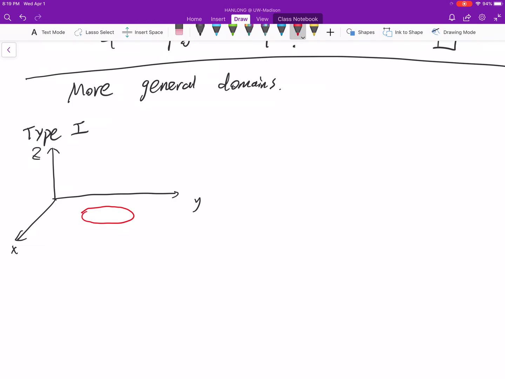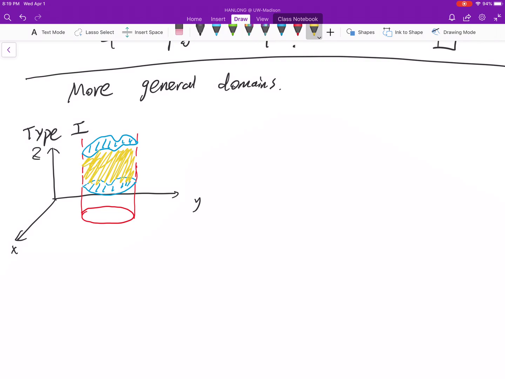Here is a projection, and then here is the top, and then here is the bottom, and then the solid is in between them.